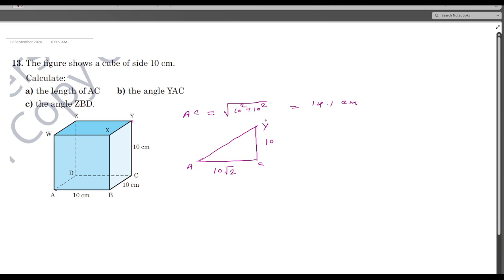What you have to find is angle YAC. Say this angle is theta. So you have tan theta is equal to 10 divided by 10 root 2, which is 1 divided by root 2. And we know that tan of 45 degree, tan of, sorry.